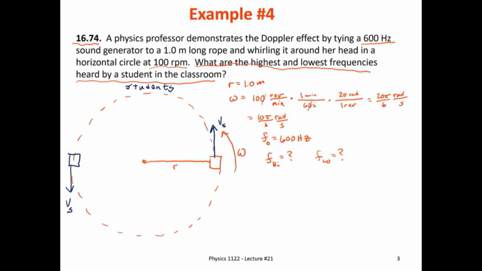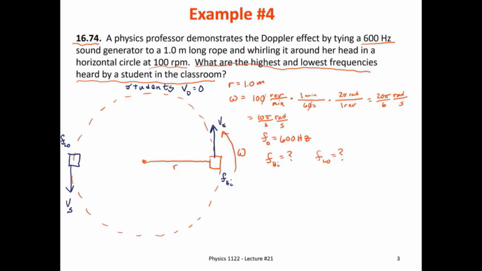And on the right side then corresponds to the high pitch frequency that the students are going to hear, and on the left side that would be the low pitch frequency. And the students are acting as the detectors, and they're presumed to be at rest, and so their speed is equal to 0.